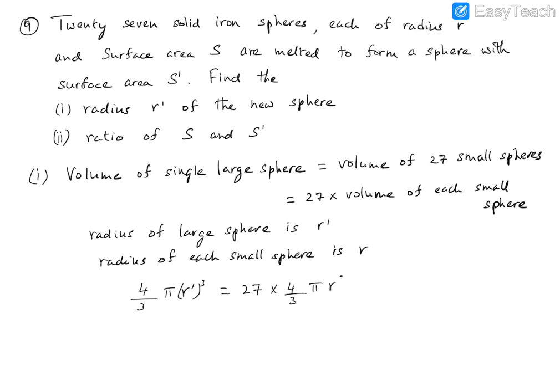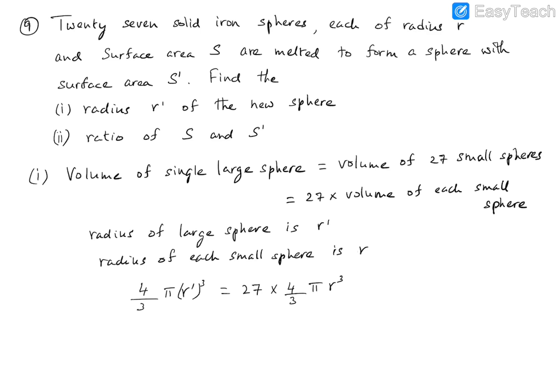Okay, so we now have the expression for the relationship between the volume of the single large sphere and the volumes of the 27 small spheres.